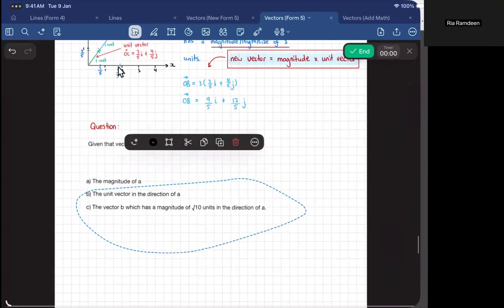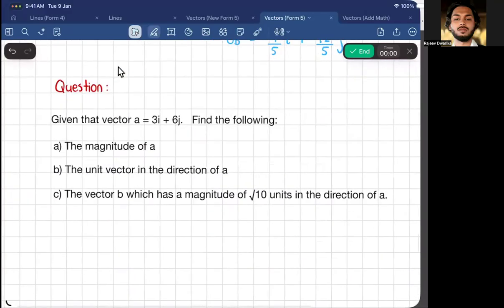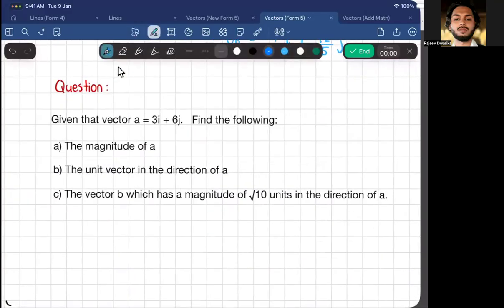So the first question is to find the magnitude of A. So Joshua, I want to make sure you understand this. We have a vector here, and it's in unit vector form. So A is equal to 3i plus 6j.